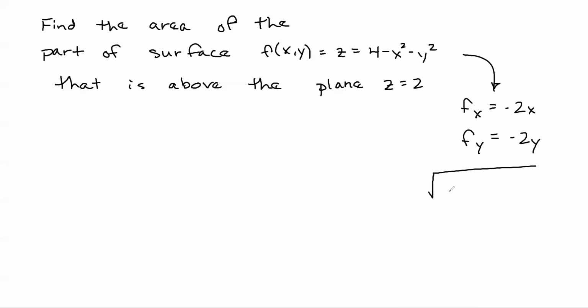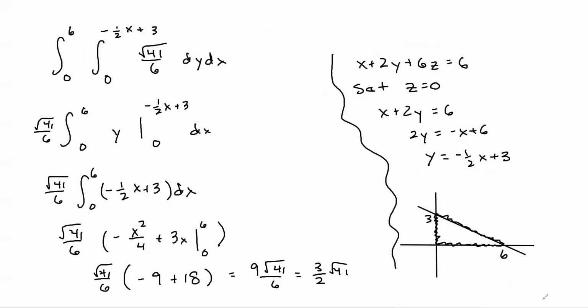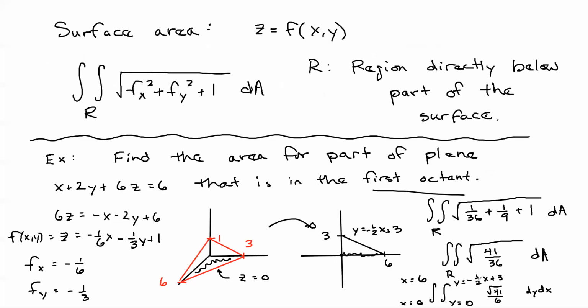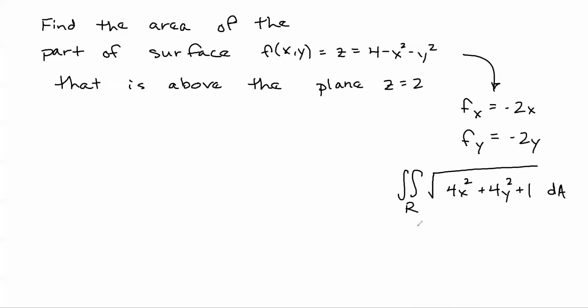So negative 2x squared would be 4x squared, negative 2y squared would be 4y squared, plus 1, dA. So that's what I recommend you do first, which I had kind of skipped over in the previous example, when I immediately went to the graphing of the region. So that's the order I would recommend, that you go ahead and do that first.